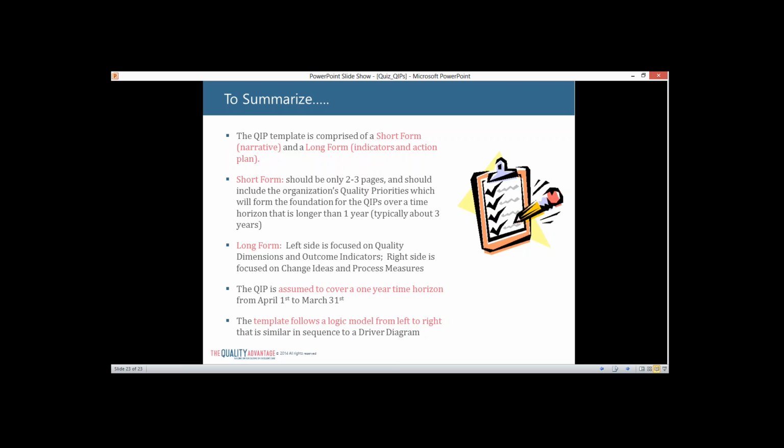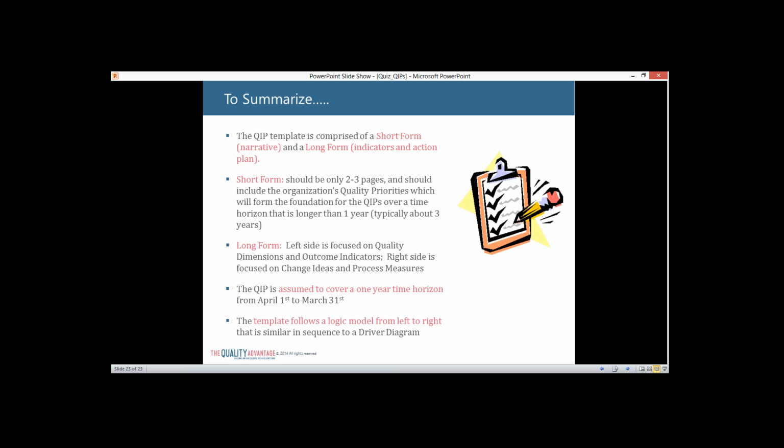The short form, as I indicated, should be no longer than 2 to 3 pages, and it should include the organization's quality priorities, which form the foundation of a plan over time. And it's longer than the one-year horizon of a quality plan. Typically, those priorities cover a 3-year time horizon. The long form is outcomes focused on the left side and action plan focused on the right side.